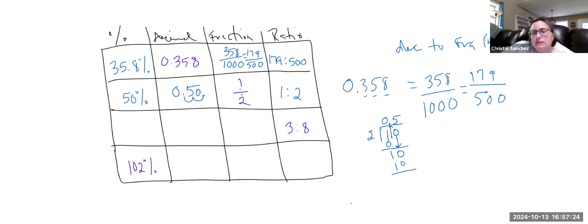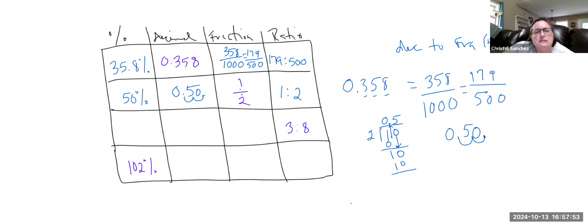We had 0.5, and you're going to move the decimal point 2 places to the right. So it's going to be 1, 2. This is a new place that's going to need a 0 now, because your decimal point is here. So when you're going from decimal to percentage, you always move it 2 places to the right, which gives us an additional place that needs a 0.